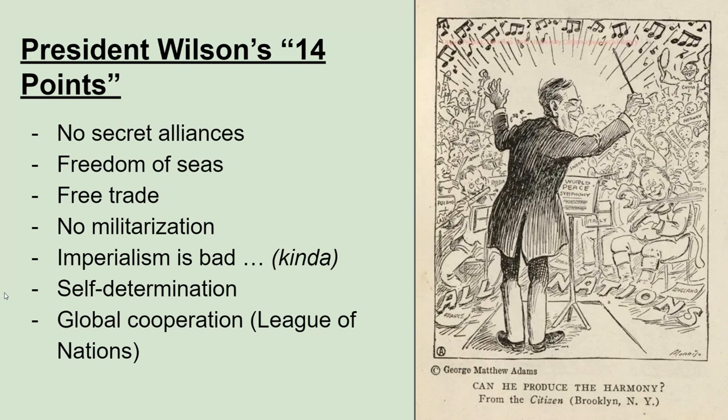He essentially makes this point that imperialism is bad, but keep in mind, the United States was engaging in imperialism during this time period. Essentially, what Wilson had to say about imperialism was, we should be limiting countries doing imperialism, but we need to keep in mind the wants of those countries and territories being taken over and the nations that are doing the imperializing.